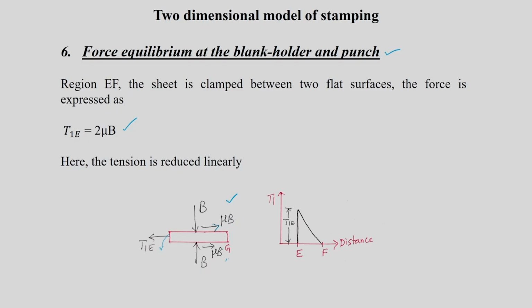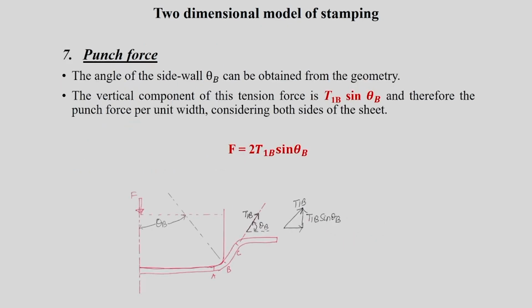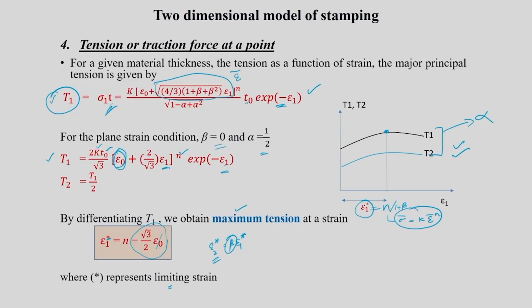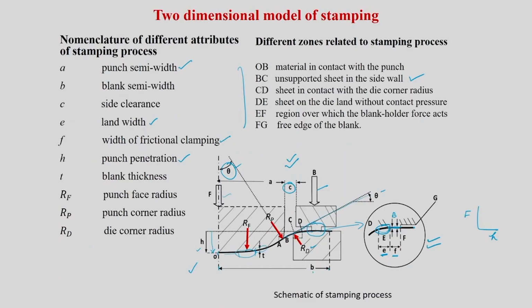Between E and F, where your blank holding force B is going to act, it is generally sensible to keep that as a linear variation. That means at E you will have the T1E value, and it is going to decay linearly and become 0 at F. Suppose you want to plot T1 with respect to EF distance.